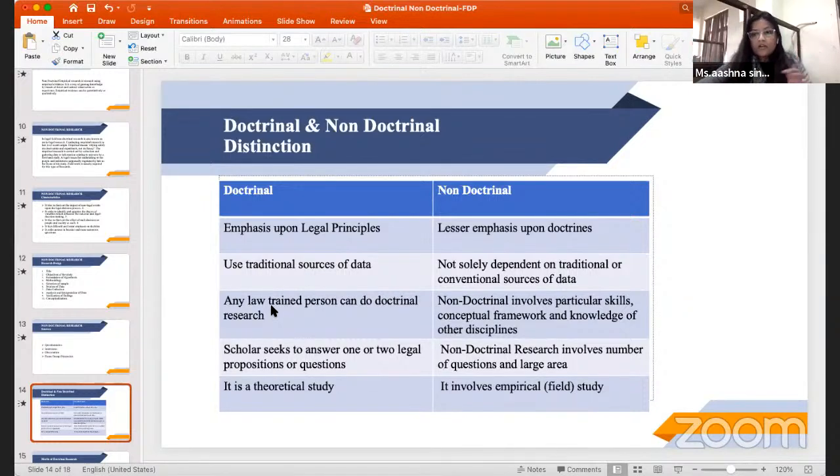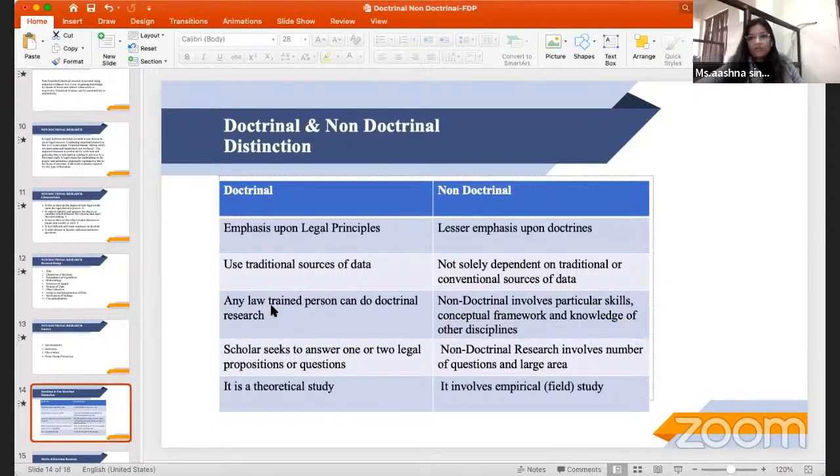So the theory part you have covered in terms of the Act that is already there, the Competition Act, and the data part of it as a researcher, you will try and establish. And in doctrinal research, we use traditional sources of data, and in non-doctrinal, it is not fully dependent on the traditional conventional sources.